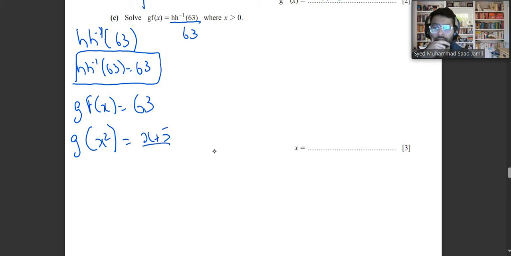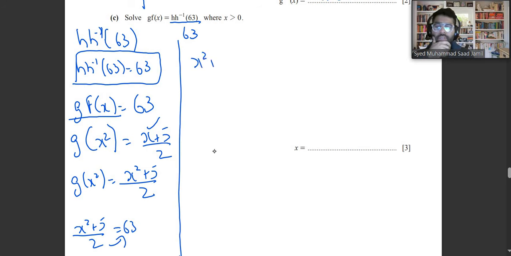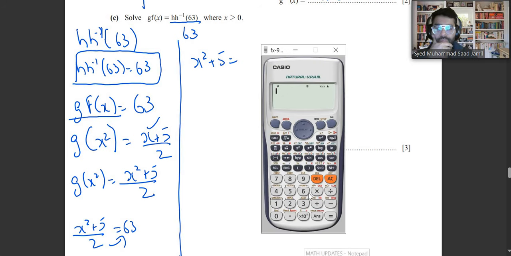So g of x square is, in place of x, now you write x square plus 5 upon 2, and it is equal to 63. 2 will go up there and multiply, so x square plus 5 is equal to 63 multiplied by 2, 126.